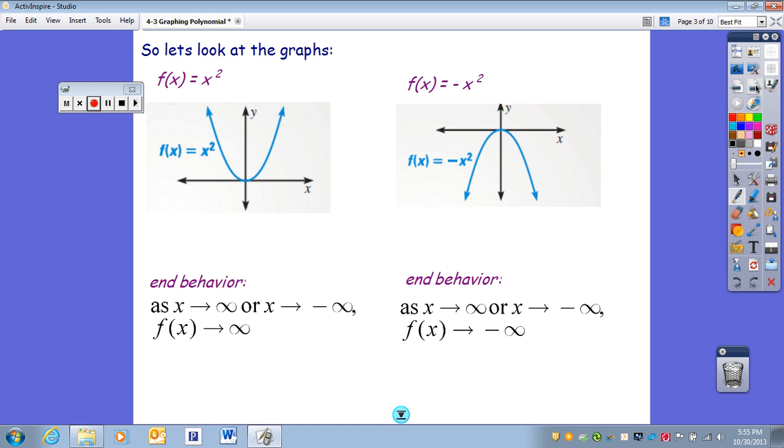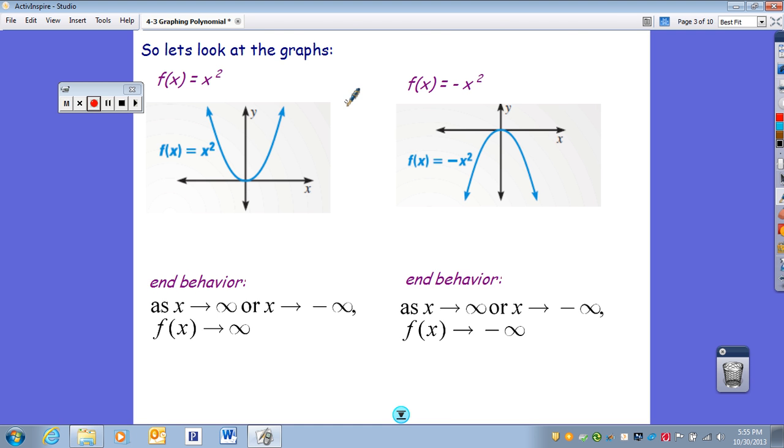Next, we're going to review our quadratic function, which looks like a parabola. Remember, our parent function, f of x equals x squared, where we have our y value and our x value, our vertex being at 0, 0.